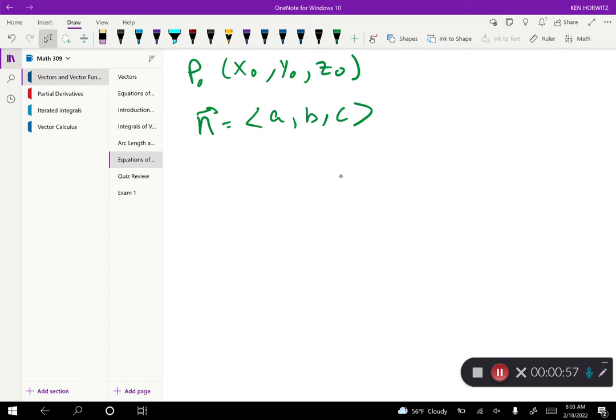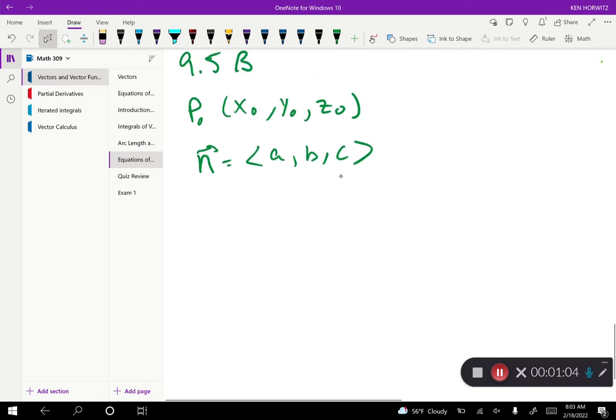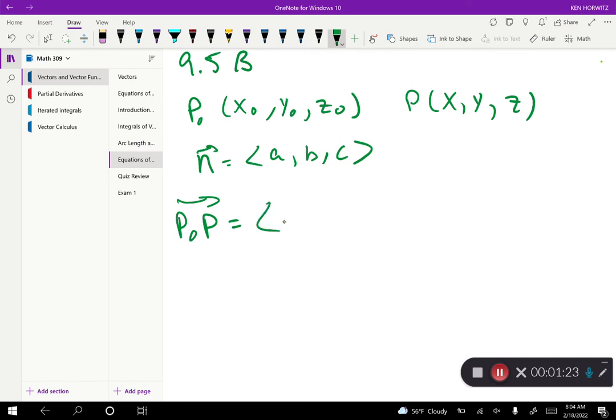So let's just say that we want to define a plane. All right, so we have our point P naught, and we'll have a point P out there, which will just be X, Y, and Z. And that's some other point on the plane. So in order to get vector P naught P, we need to do final minus initial.